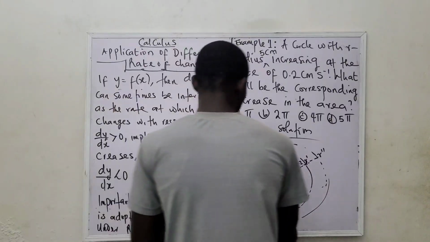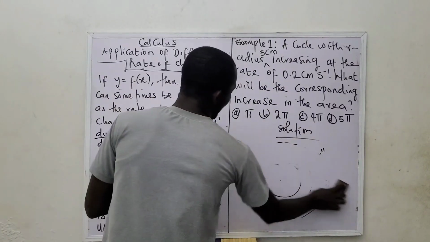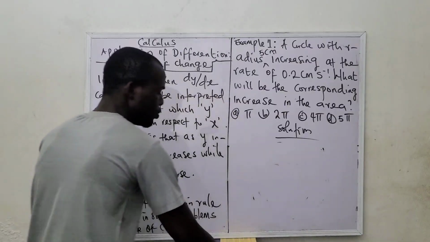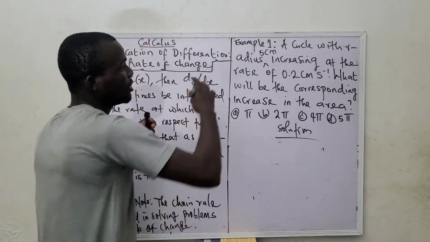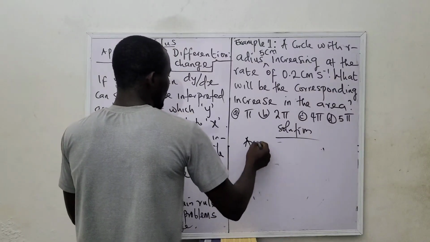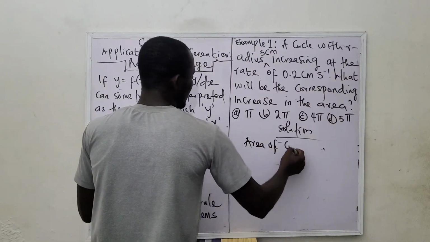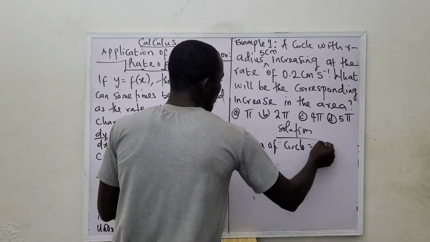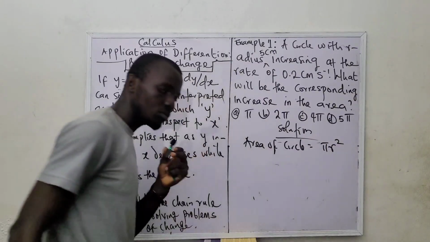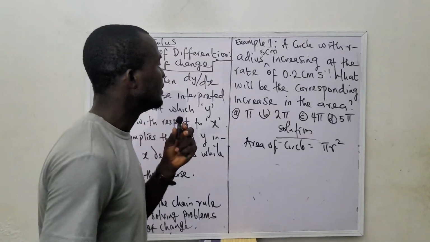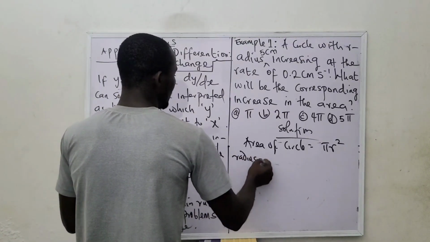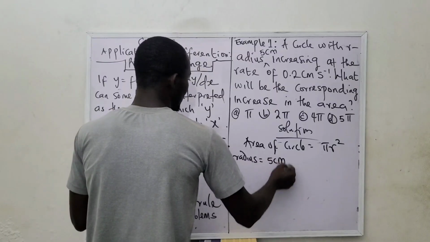Now, if that is the case, what formula or equation are we using here? From the question given to us, we are dealing with a circle. The area of a circle equals pi r square, okay? And they said the initial radius is going to be 5 centimeter.